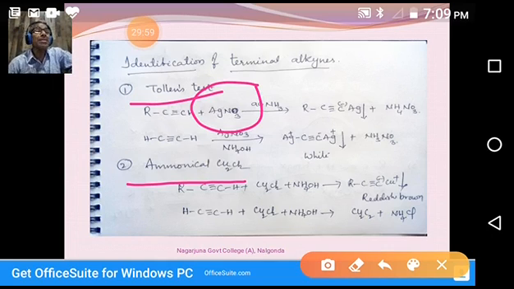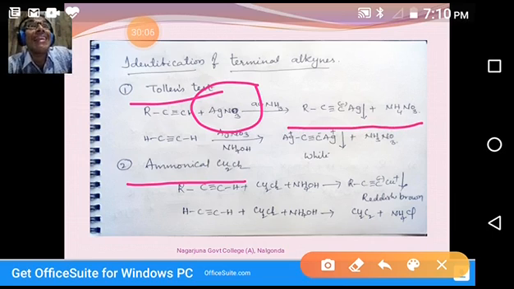In presence of Tollens reagent, an alkyne forms its corresponding silver acetylide. If you take acetylene, we get silver acetylide, a white precipitate. So if an alkyne with ammoniacal silver nitrate forms a white precipitate, we can say that it is a terminal alkyne.